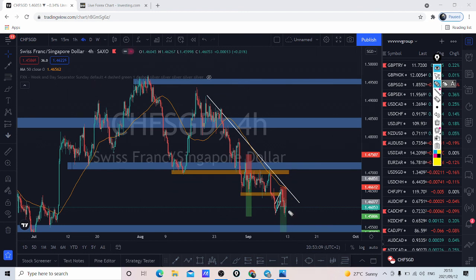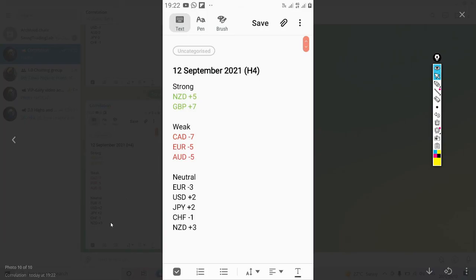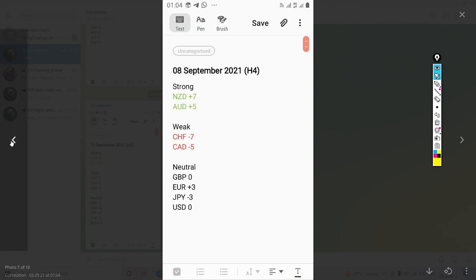For example, here, if you can just hold here, this thing can go up, because looking at the correlation numbers here, this is telling us that the Swiss is now neutral, but before it was weak, and it was a good thing to sell.